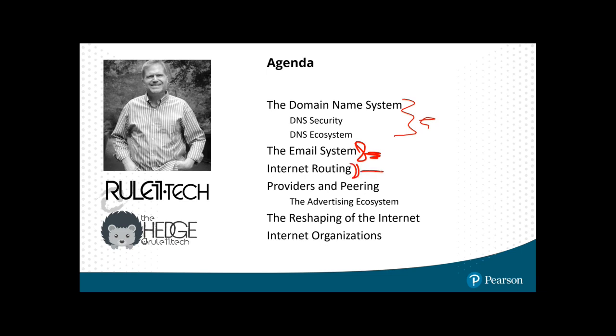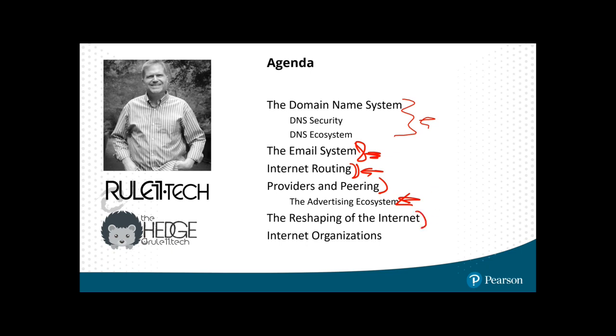And then we're going to talk about internet routing, which is probably one of the most technical parts of this presentation. And then we'll talk about providers and peering, and a little bit about the advertising ecosystem and what Shoshana Zuboff calls the whole idea of behavioral excess and surveillance capitalism.